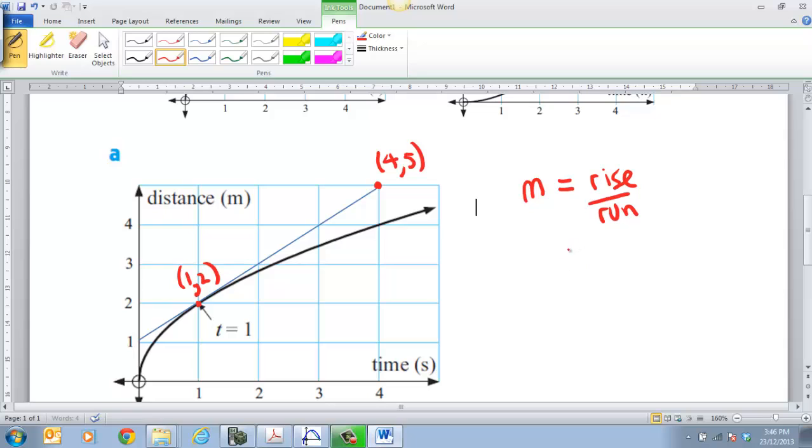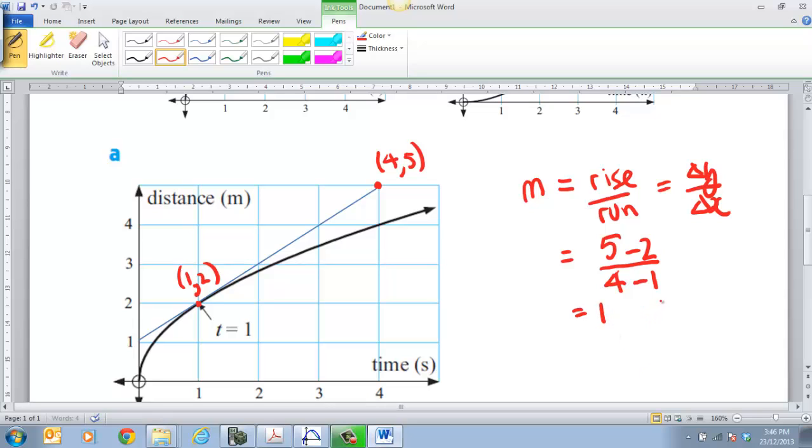And so therefore what we'd be looking at is the change in the y values over the change in the x values. So I'm going to say that's equal to 5 take 2 all over 4 take 1. So it's going to give me an answer of 3 over 3, which has a slope of 1.